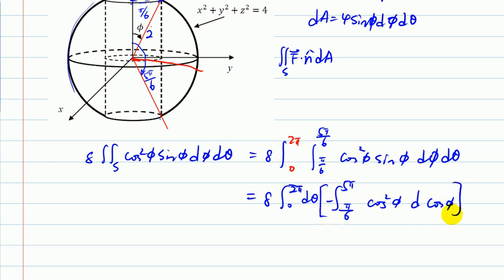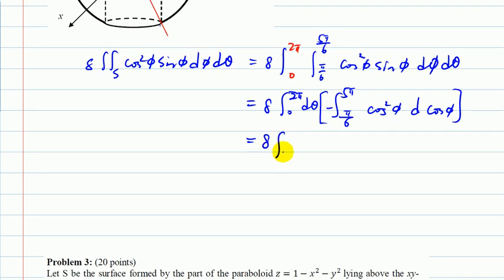This integral is negative 1 over 3 cosine phi cubed, with phi changing from here to here.